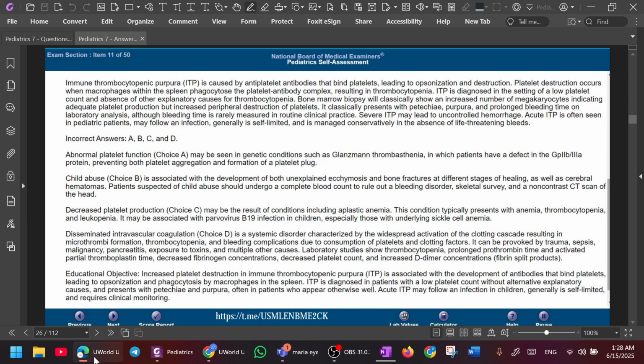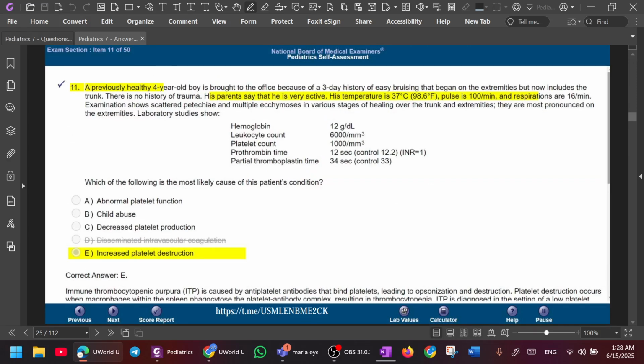But in here, there is another problem in this question. According to the pathophysiology of ITP, we know that ITP is a diagnosis of exclusion, isn't it? ITP is immune mediated, we know that, and the mechanism is increased platelet destruction. But there are some other mechanisms too, like decreased platelet production and platelet sequestration.